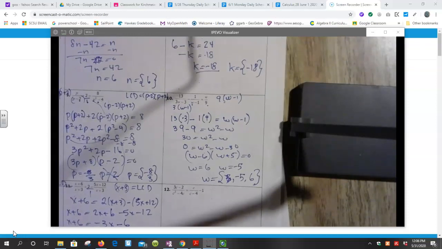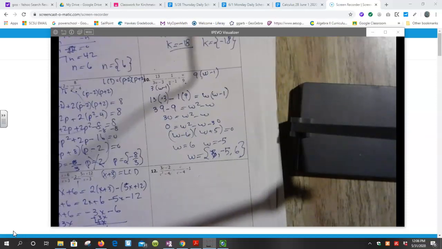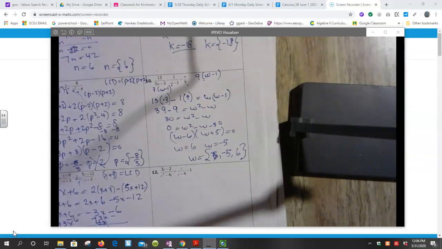We have 4x plus 6 equals negative 6. So we subtract 6, so 4x is equal to negative 12. So we get x is equal to negative 3.